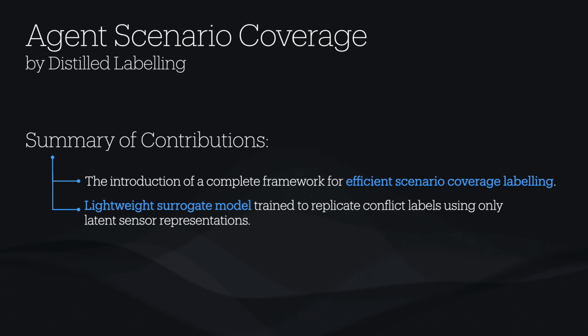So in terms of summarizing our contributions here, we introduced a framework that allows us to efficiently scale and label this data in terms of coverage. We propose this by proposing a lightweight surrogate model to essentially replicate these conflict labels using only latent sensor representations.